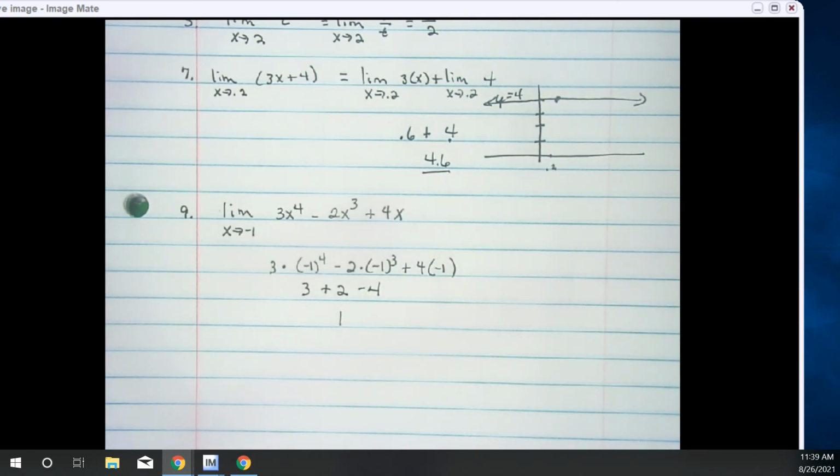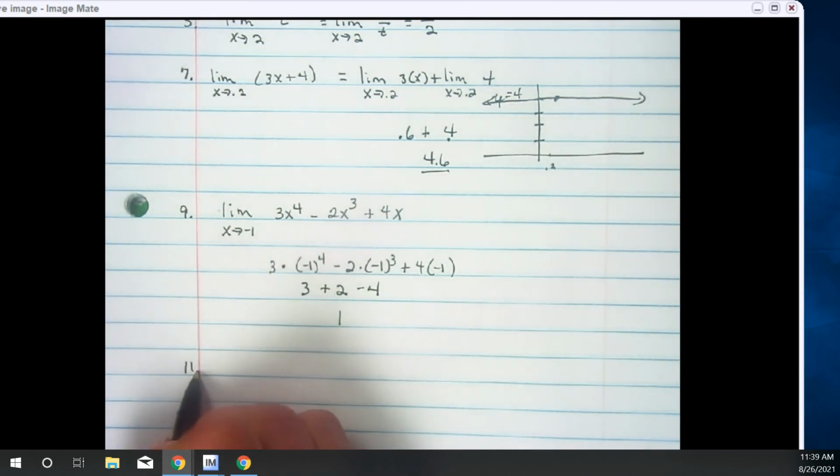They will expect you on the AP exam to be able to do a problem like that without your calculator. Where did they get it by? 3 plus 2 minus 4. PEMDAS, order of operations.